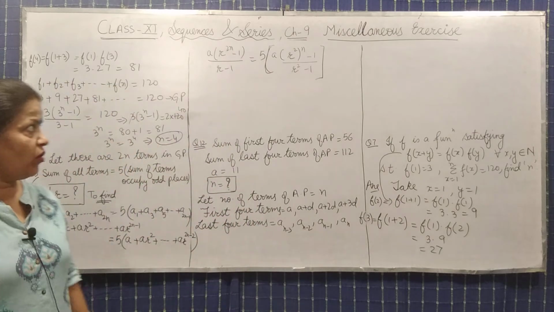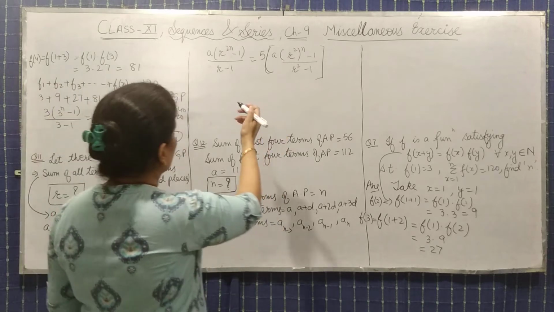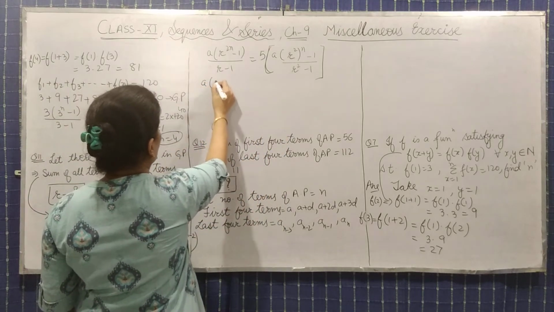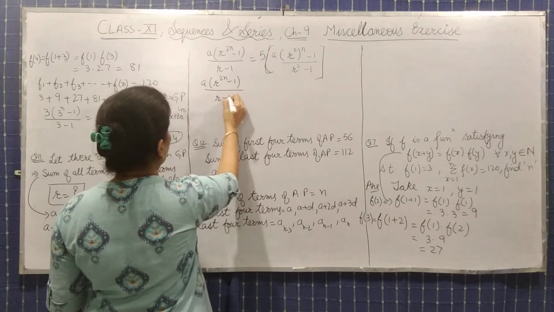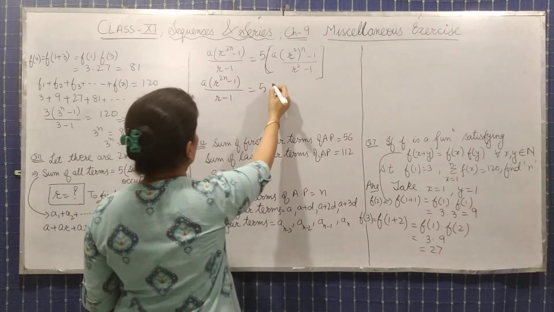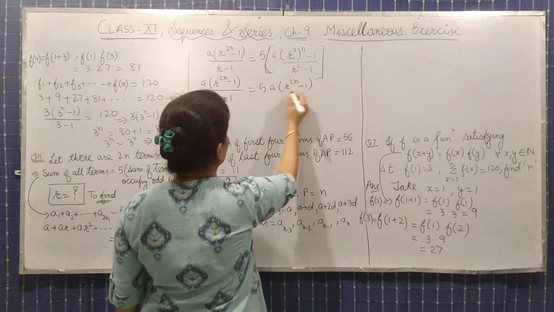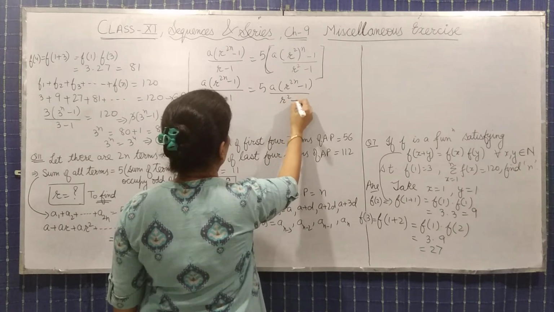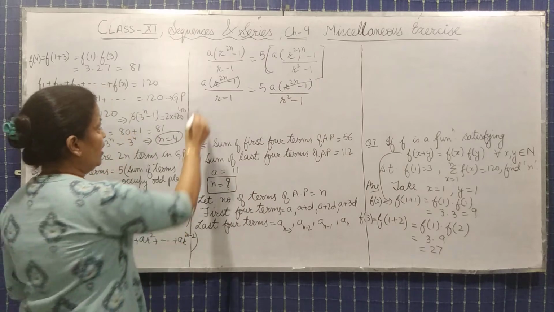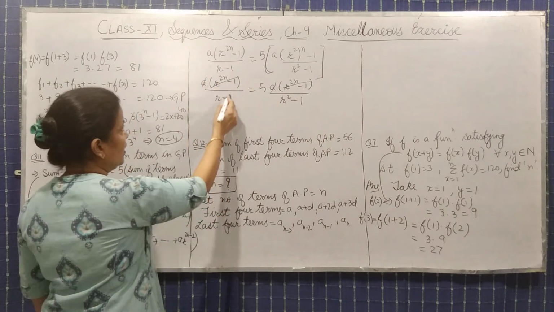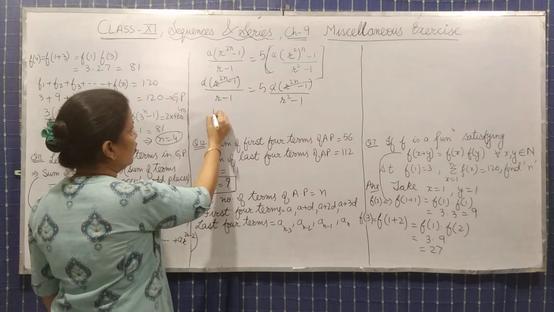अब कैसे करोगे इसको आगे? You will get this term. Now solve it. A(R^2n minus 1) upon R minus 1 equals 5A(R^2n minus 1) upon R square minus 1. ये कैंसिल हो जाएगा. A will be cancelled out, and here also the term will be cancelled out, so it will come as 1.